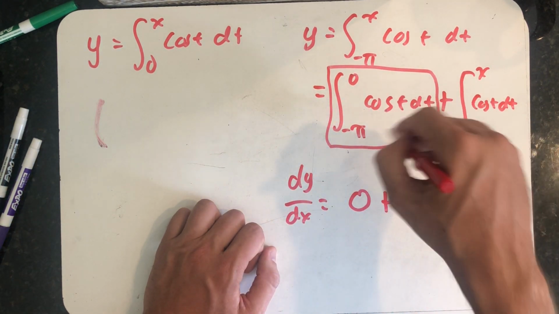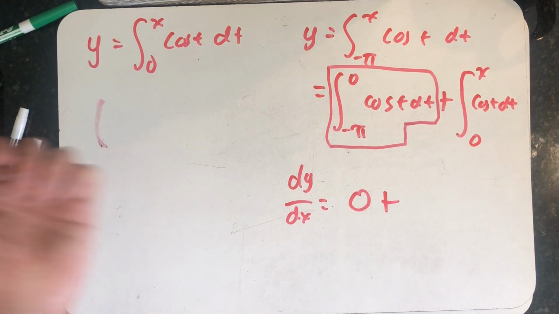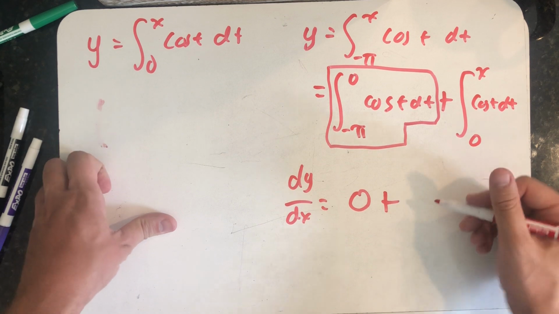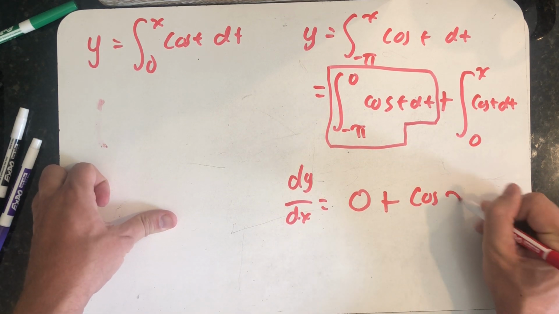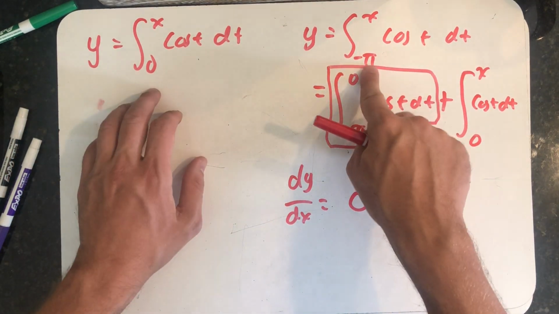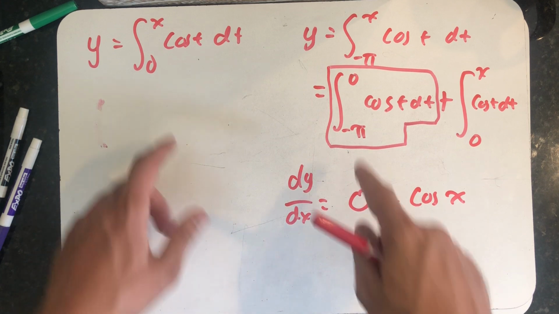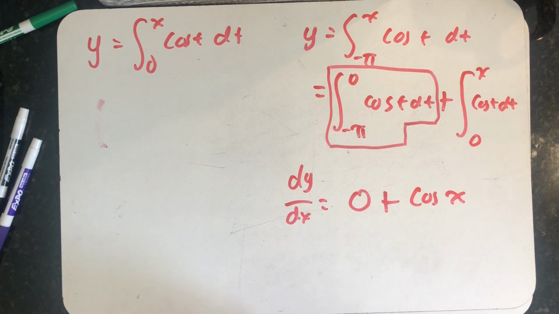So when I take the derivative, this is a constant, the derivative of a constant is 0, and then this part I get to use the fundamental theorem of calculus, part 1, and just tell you the derivative is cosine of x. And that's why these two functions, no matter the bottom bound here, have the same derivative. Because by changing the bottom bound, I've simply changed the function by a constant. And the derivative of a constant is 0.